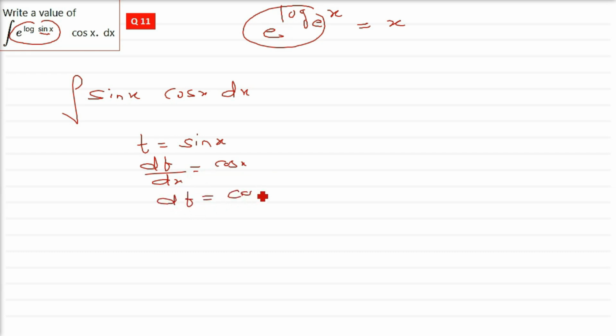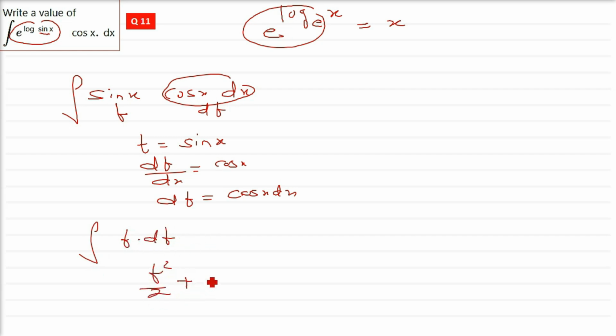That means dt will be equal to cos x dx. So from here to here, we can write dt, and sin x was taken as t. So the integration will become t dt, and this will be simply t square by 2 plus constant of integration. So what is t? t was taken as sin x earlier. So this will be sin square x divided by 2 plus a constant of integration.